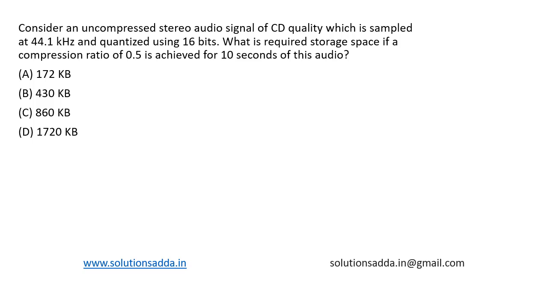This is a question from multimedia. Consider an uncompressed stereo audio signal of CD quality which is sampled at 44.1 kHz and quantized using 16 bits. What is the required storage space if a compression ratio of 0.5 is achieved for 10 seconds of this audio?